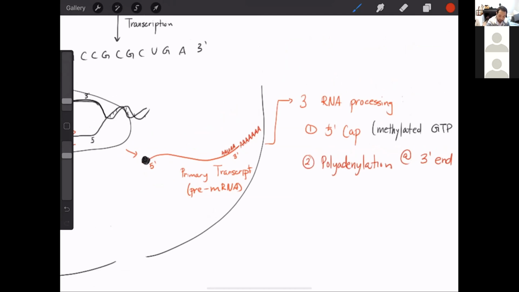Now, the reason for this is the same as the reason for the cap: to protect what we have within the actual gene encoding region of the mRNA, to be preserved and not destroyed.